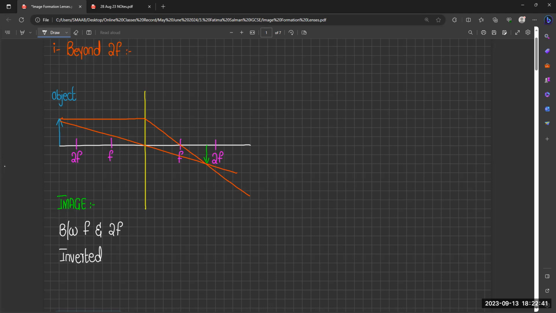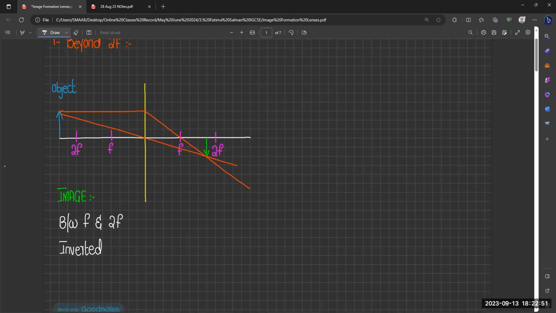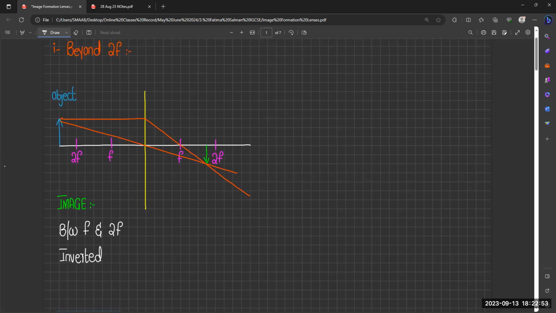And another point, if you remember, we also discussed the concept of the real image and the virtual image. So this is real image because it is going to be formed on the other side. So it is real image.